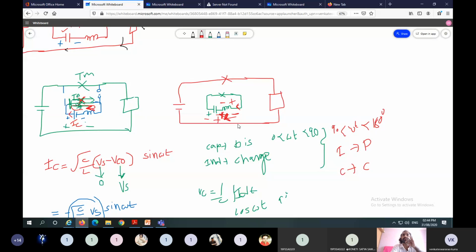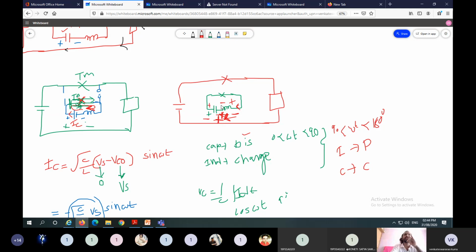But in this time period, the capacitor is charging, so the polarities of the capacitor are like this: this one is minus, this one is plus.